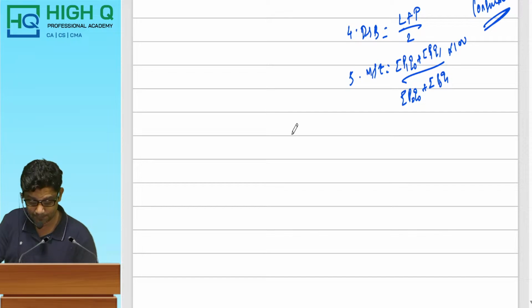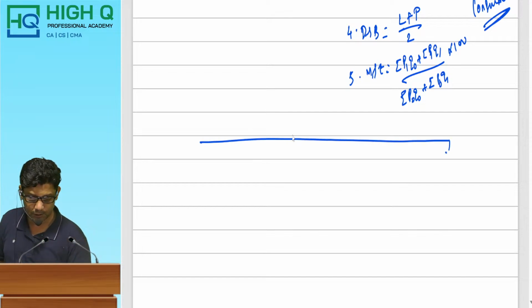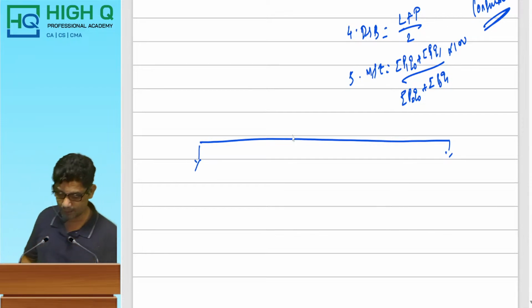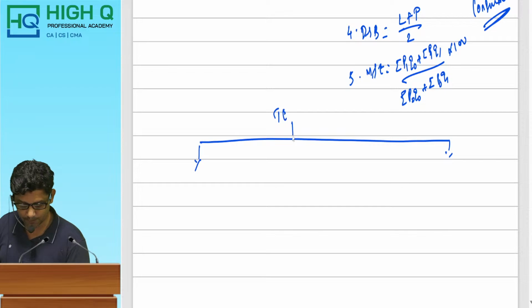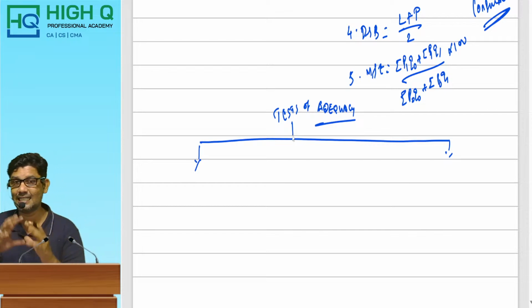Yes, fine. Now, theoretically, what all is to be remembered: we need to check the consistency of the formula. And that process we call what? Test of adequacy. What is test of adequacy? It is nothing but, my dear, we are checking the consistency. Okay, that is the test of consistency.